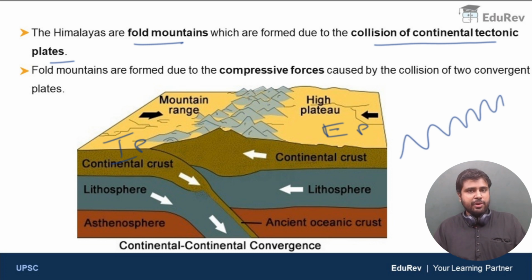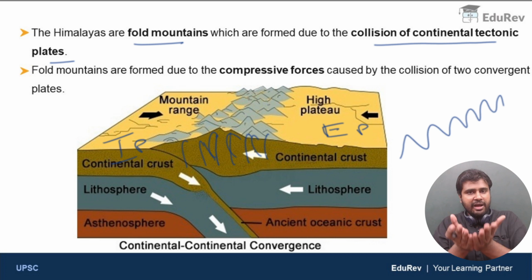So let me just repeat this one more time. The Indian plate collided with the Eurasian plate. So the Indian plate is continental crust, and the Eurasian plate is also continental crust. So when two tectonic plates collide, both having continental crust, the crust or the material at the boundary of the two plates will get compressed in the middle, and then it has nowhere but to go up.